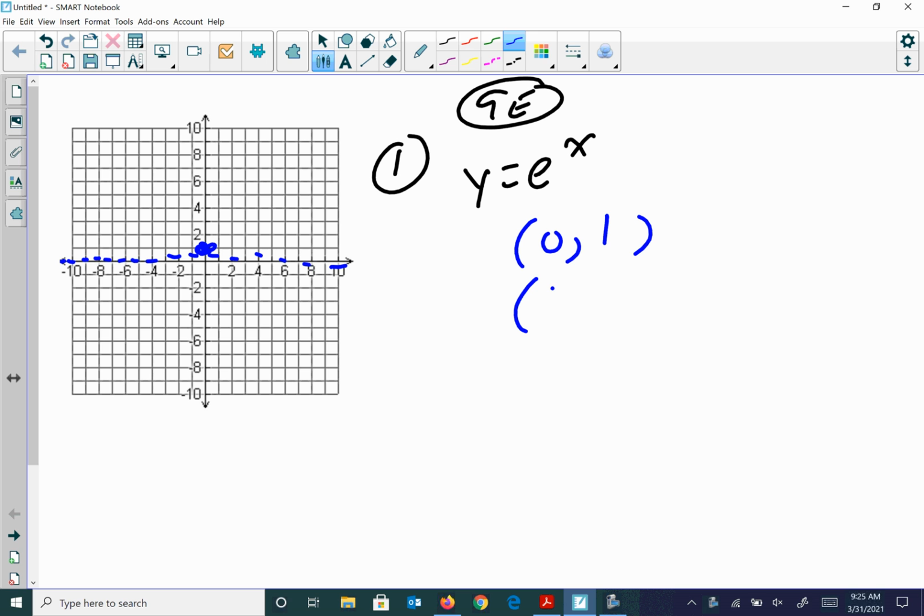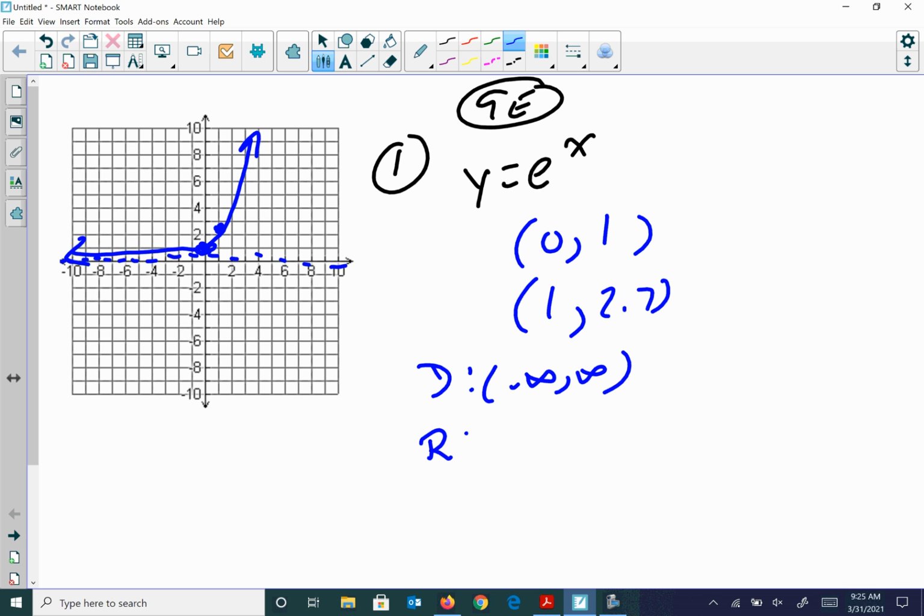And then you have to remember that e to the first is about 2.7. So 1 comma 2.7, so about there. So here's our graph. So our domain of this is negative to positive infinity. And our range goes from our asymptote being 0, round bracket to infinity.